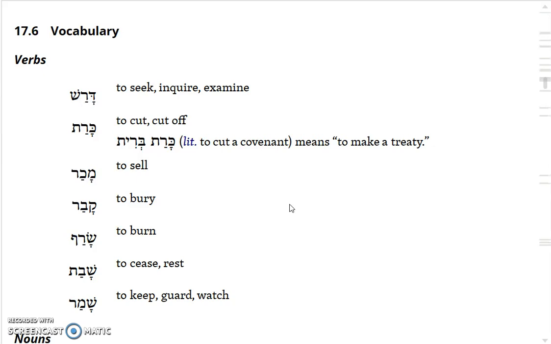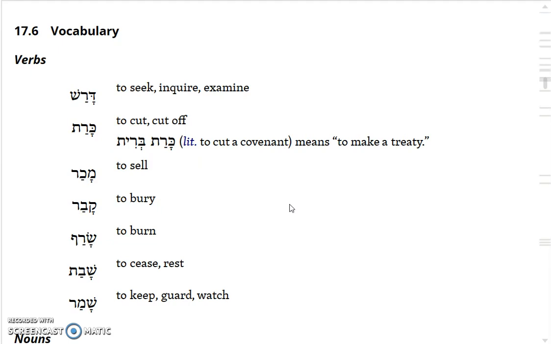Karat means to cut or to cut off. So if you're cutting off someone's hand, you would karat their hand. However, there is an idiom that you should be aware of, karat berit, which means literally to cut a covenant, but it means to make a covenant or to make a treaty.